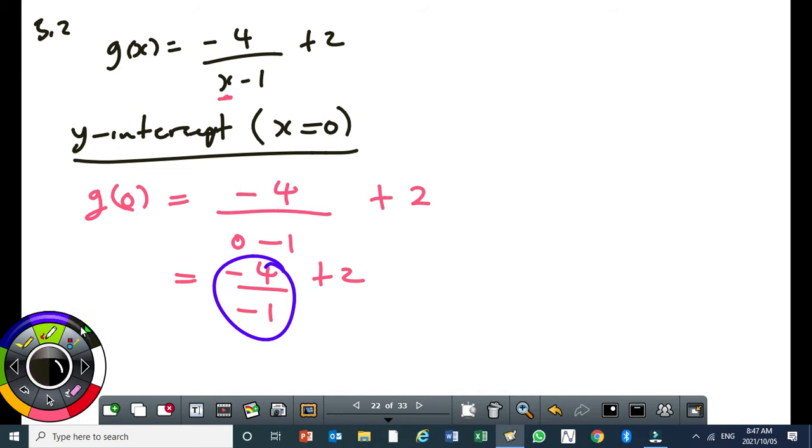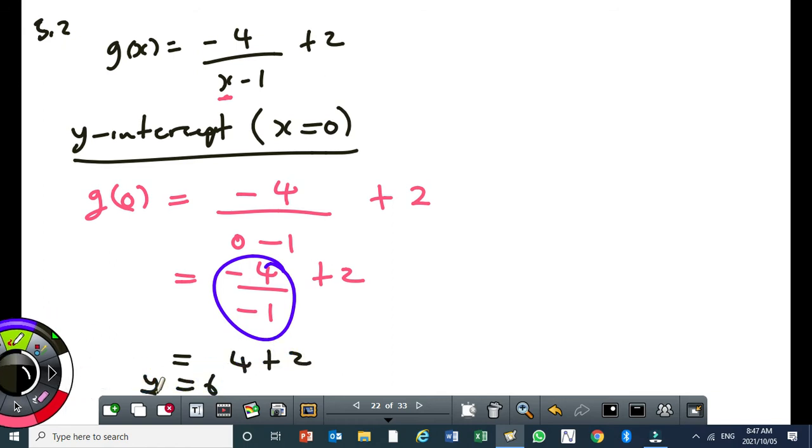So this will become 4 plus 2, and you get 6. So that's the y-intercept. Okay, y is equal to 6. So we can say g of 0 equal to 6. It's the same thing. g of 0 equal to 6 and y equal to 6 is the same thing. Alright? So I found the y-intercept. It's not complicated. Right? And it should not cause you to be scared.